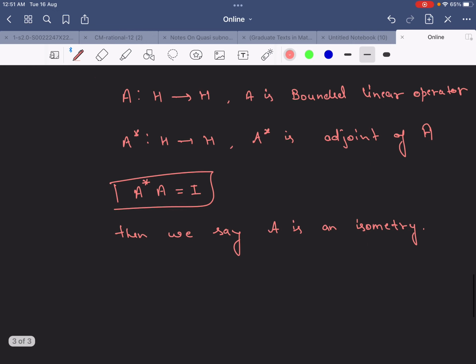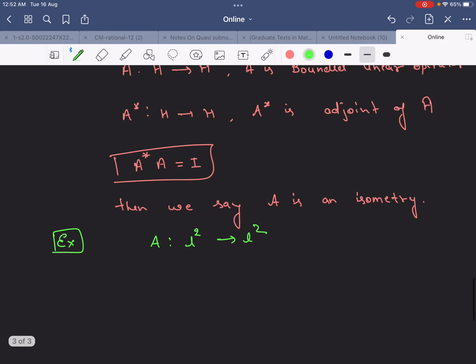Now let us look at some examples. So let's take an example of A. The Hilbert space you are taking as L2, square summable sequences, and A mapping (a1, a2, and so on) to (0, a1, a2, and so on).